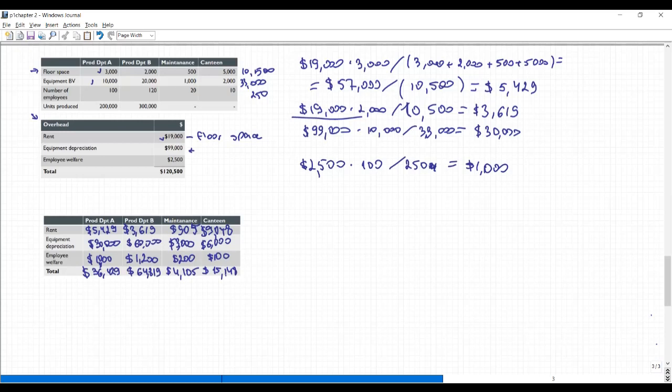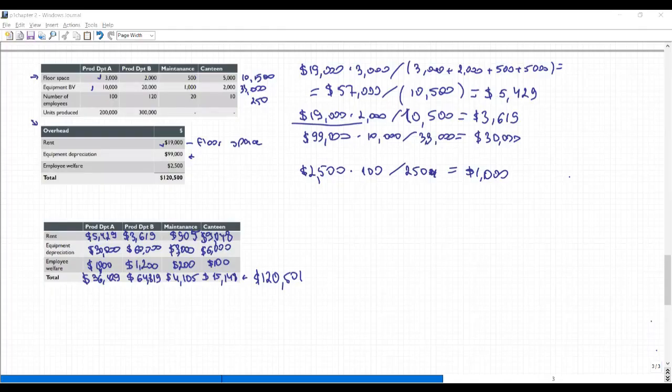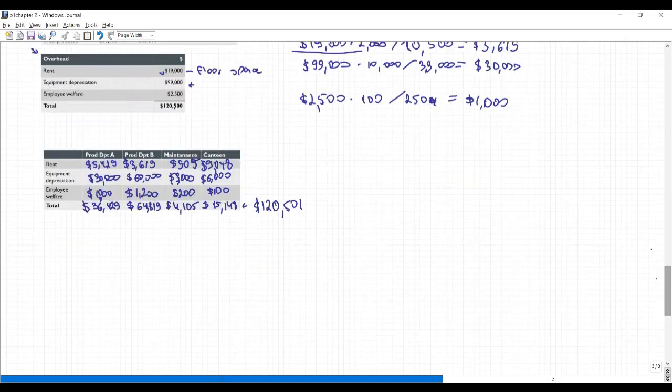Okay, so look, we have allocated the overhead, and we can double check by calculating the total and comparing it with the total that we have. I received 120,501, which is almost the same. Okay, so this is our step 1, allocation of all of the overheads.